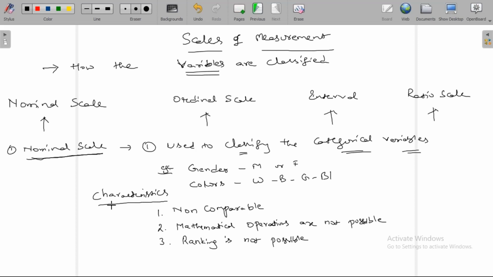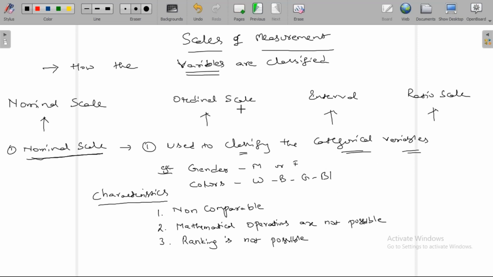That is the meaning actually. It contains the properties of nominal scale, and we can rank them. For example, with nominal scale, like gender, I was not able to rank them, right?